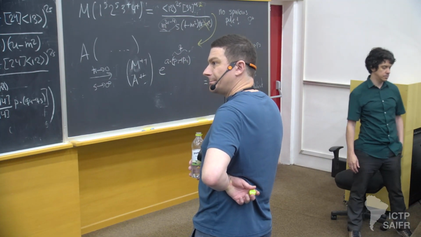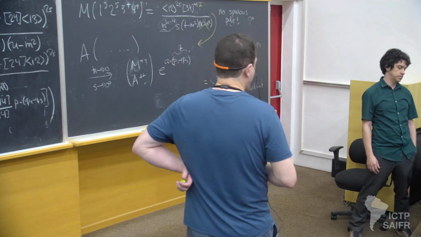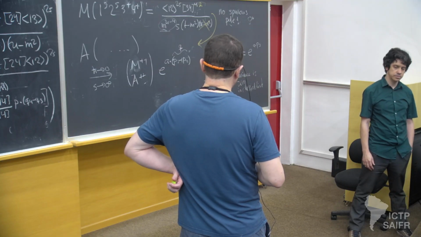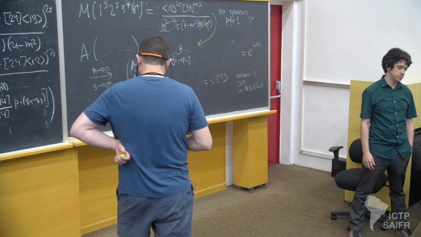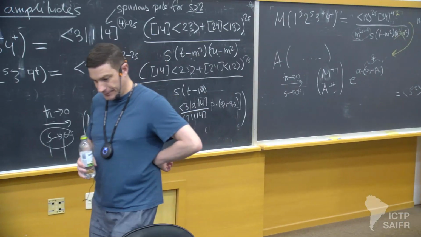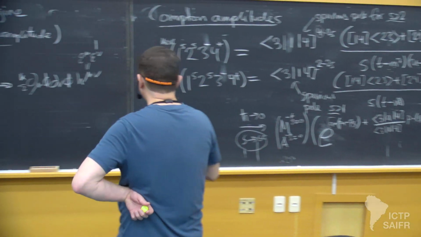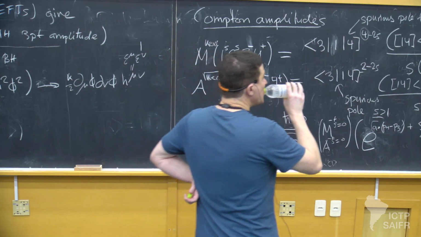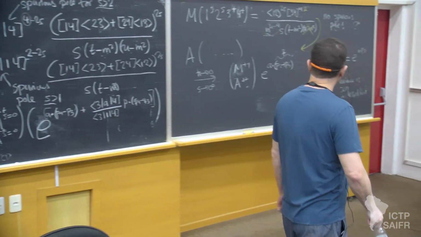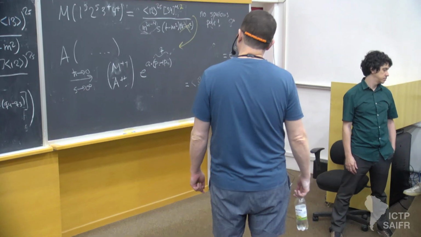Just take a 4-point graviton amplitude, and if you dimensionally reduce it, then you will get these very same spin amplitudes. So in that sense, they are there already.